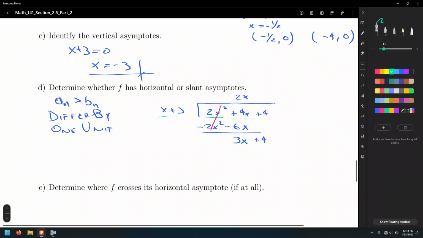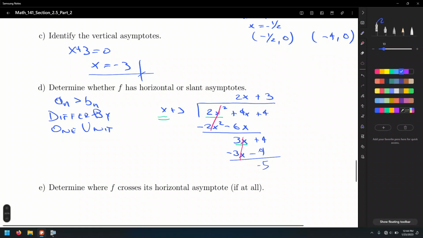So in this case, I'm going to divide 3x by x. That's going to be a 3. 3 times x, that's a 3x, but change the sign. 3 times 3, that's a 9, but change the sign. Simplifying this, these 3x's cancel, and 4 minus 9, that's a negative 5.